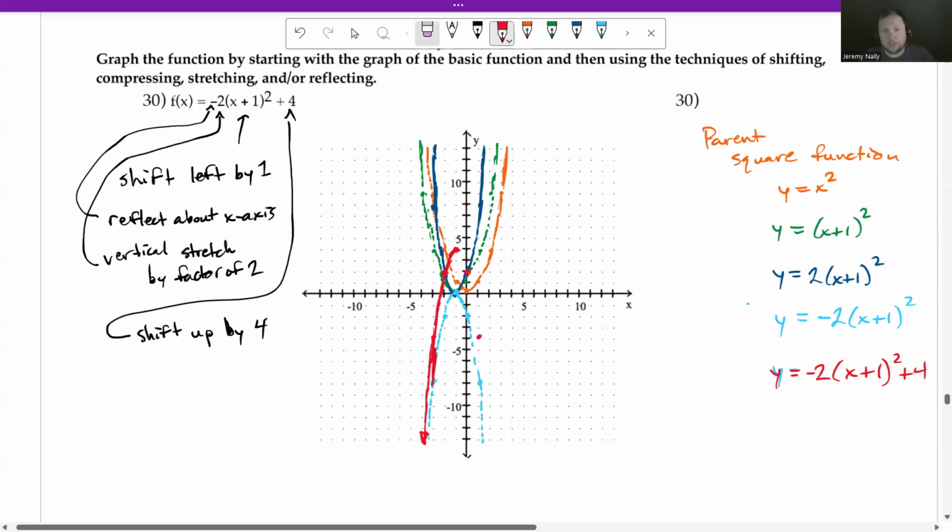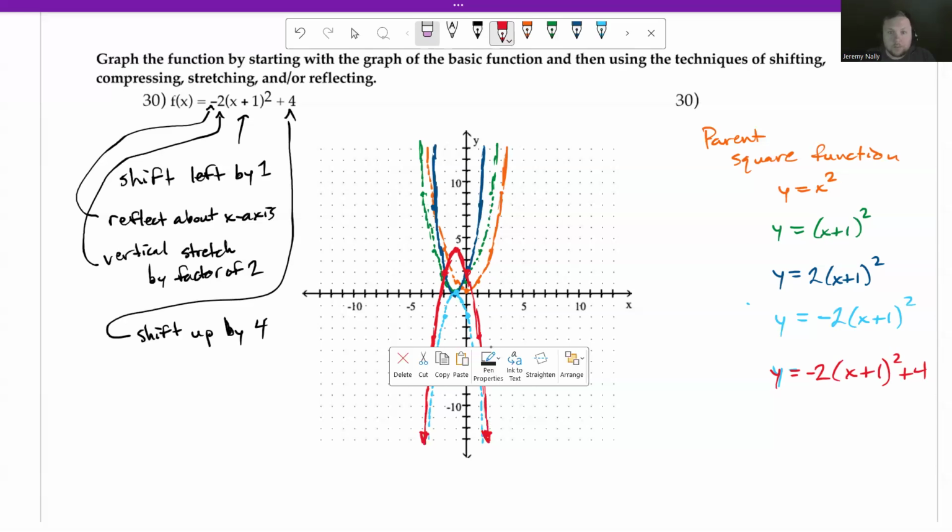Computer's starting to be a little uncooperative. We'll just make the best of it. Okay. Go away, little box.